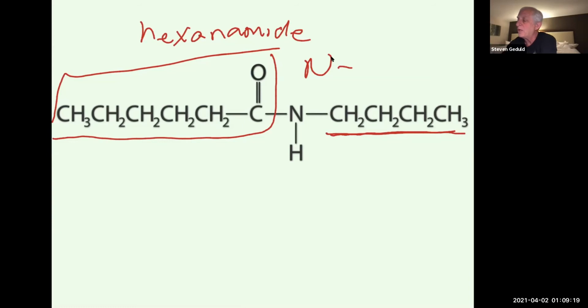If there's 1 attachment, we have 1 N. If there's 2 attachments, 2 R groups, we'd have N comma N. So this is just 1 attachment, and it's 1, 2, 3, 4 carbons. So it's N-butyl for 4 carbons. So we put those together, it's N-butyl hexane amide.